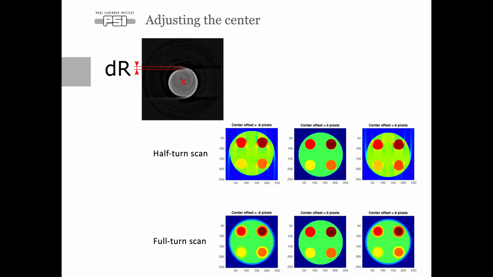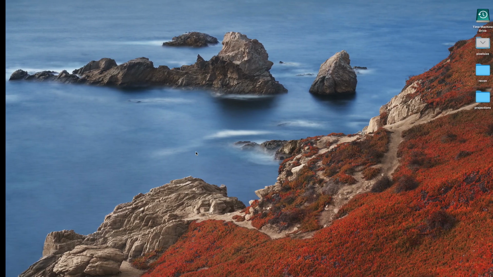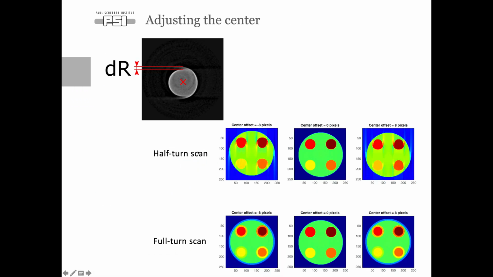Also, depending on how well you fix your center, it can give some blurring effect if you're not perfect. You can fit the center at sub-pixel level and still see differences if you have a sharp image.